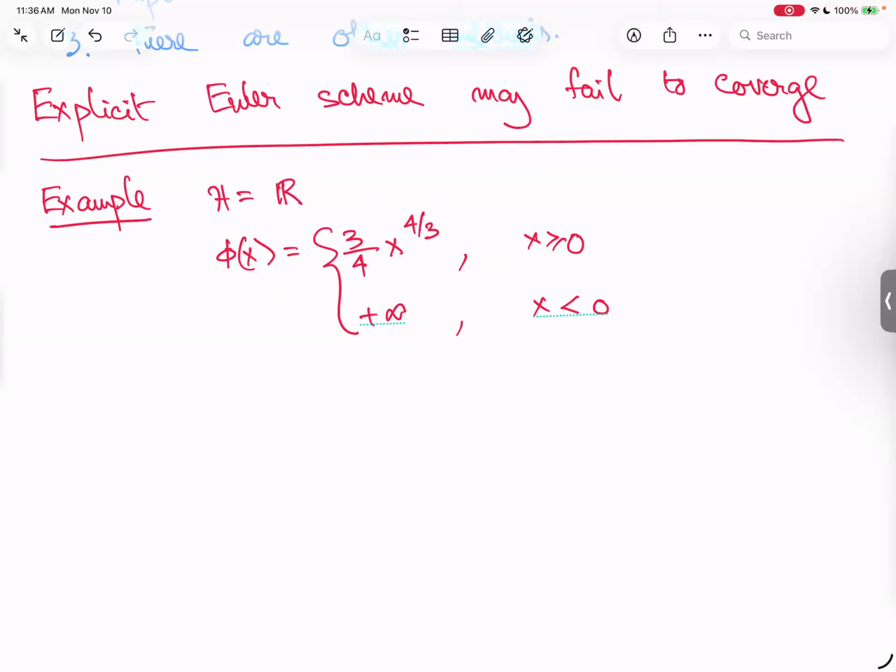All right. Where is this function minimized? This function is clearly minimized at x equals 0. This function is minimized at x star equal to 0. This is in fact unique.